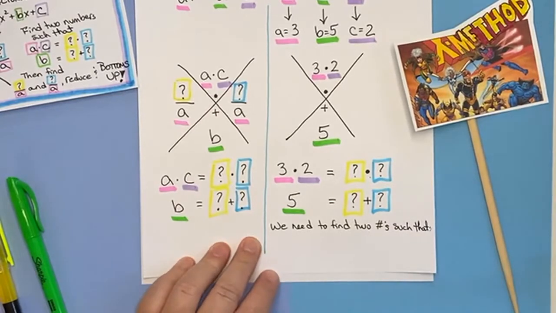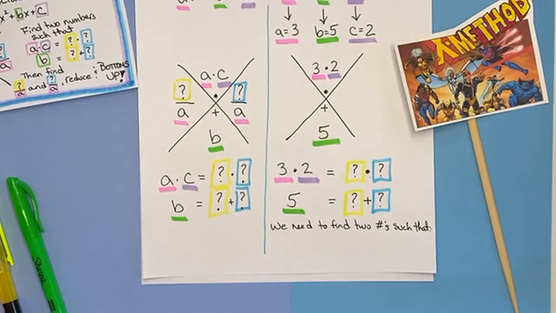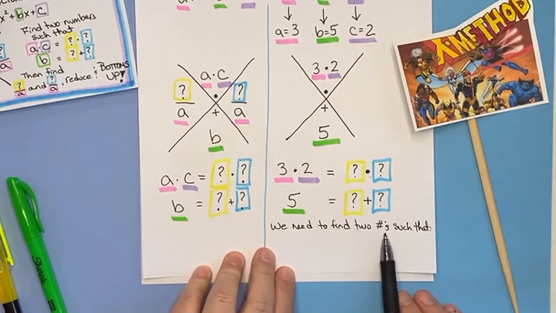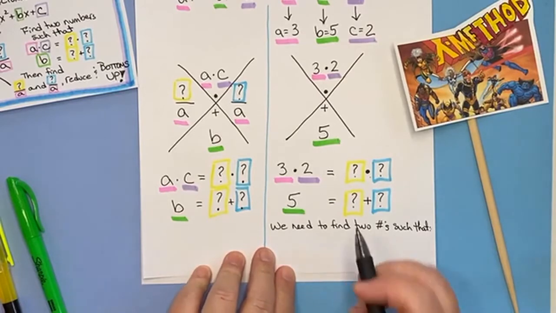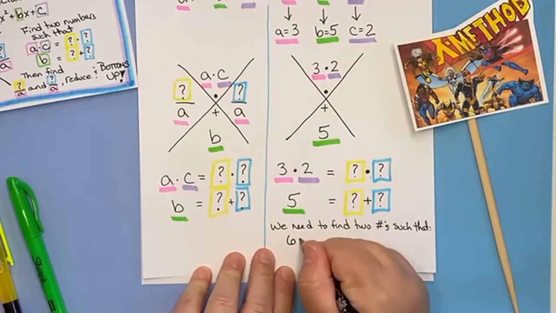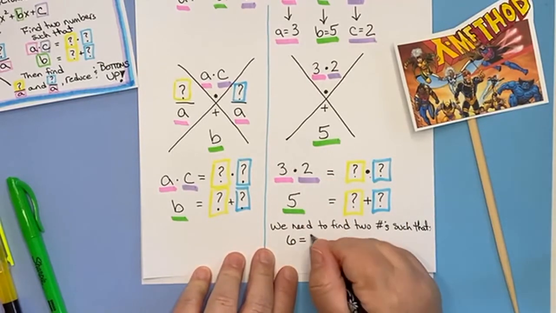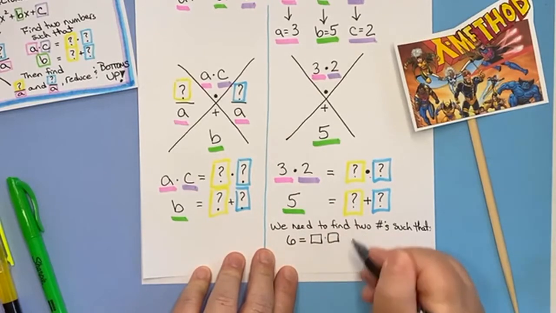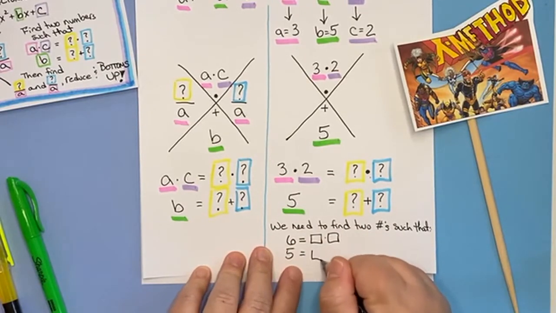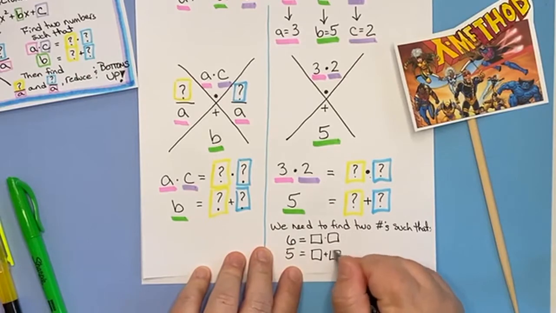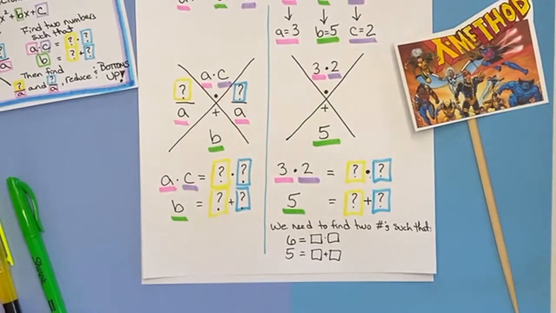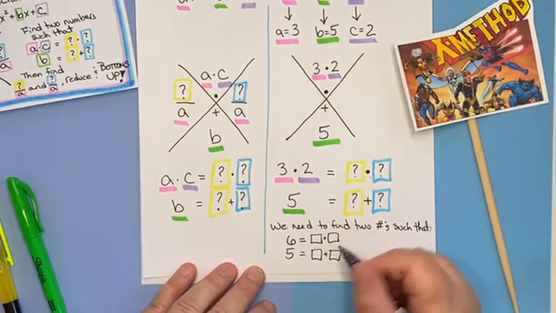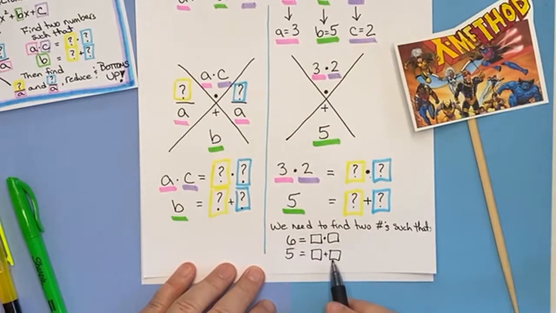And remember that mathematicians say "such that" because we're all very, very old, and that's the way people used to talk in oldie timey days. So we need to find two numbers such that 6 equals the product of those two numbers, and 5 equals the sum of those two numbers. What two numbers multiply to give us 6 but add to give us 5?